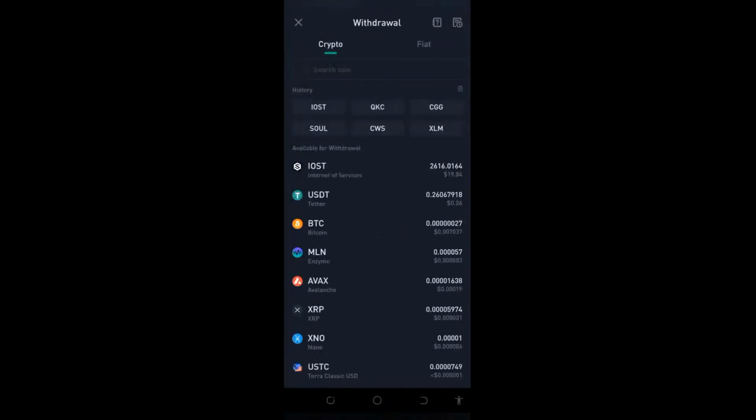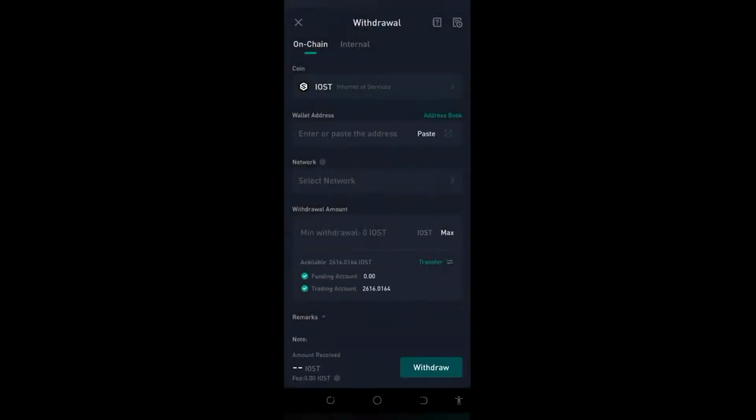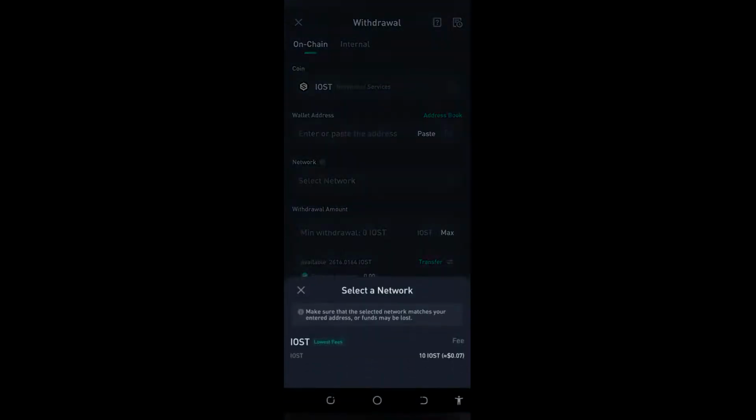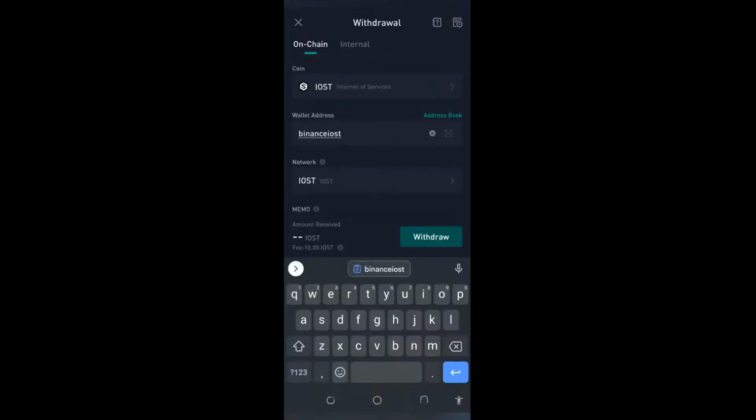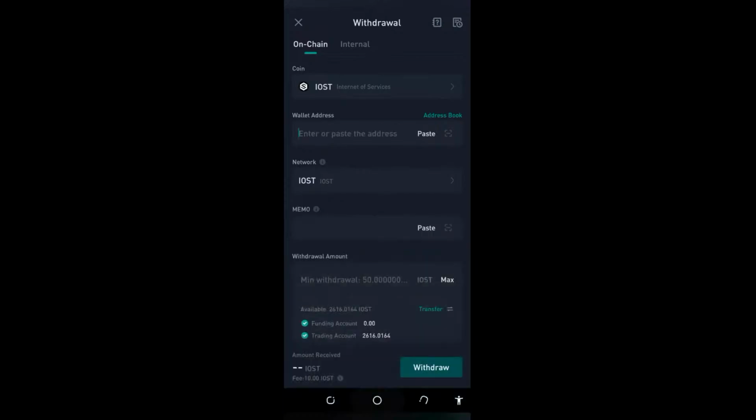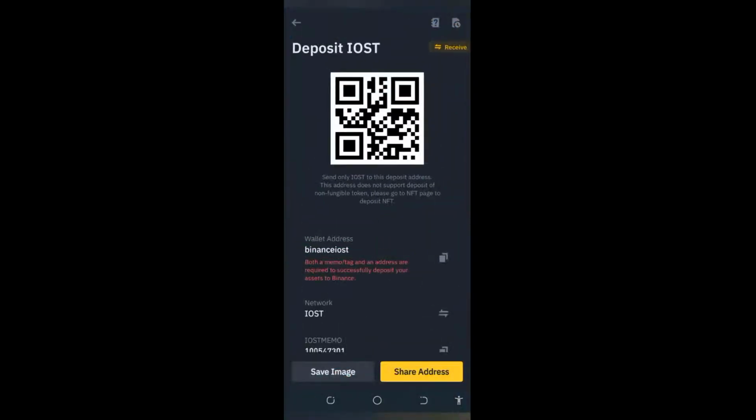So we're withdrawing that quickly. The network is IOST. Yes, IOST. Correct. Where's the address? Okay, sorry. I think I copied the wrong thing. Let's go back and copy the right thing.